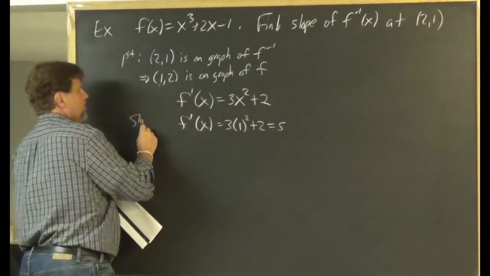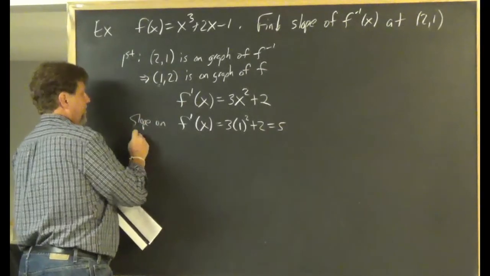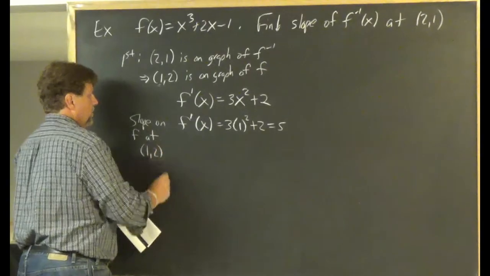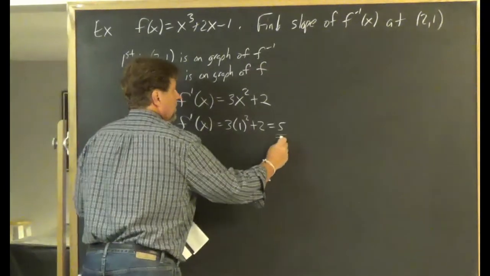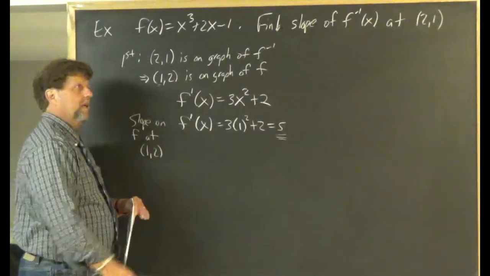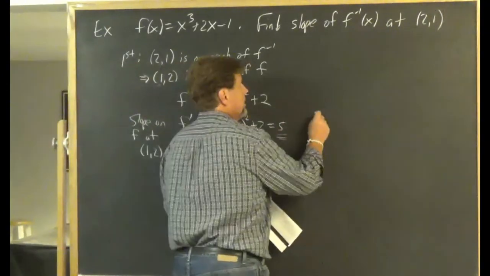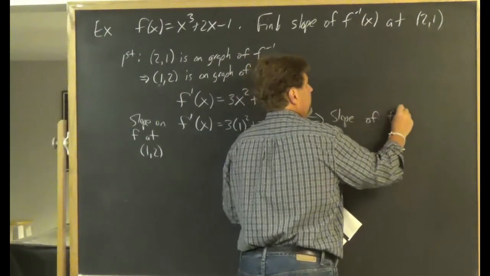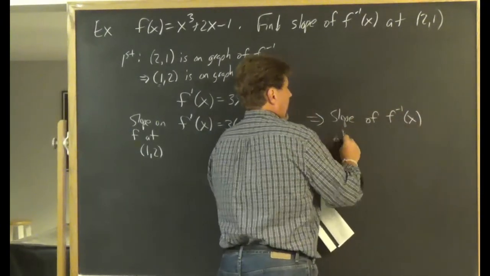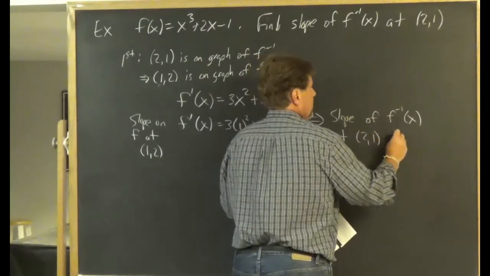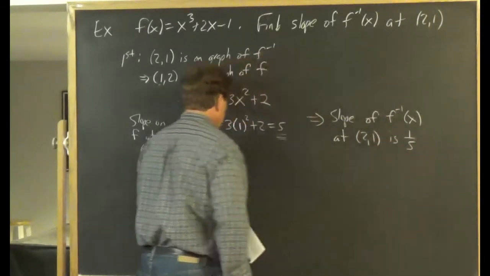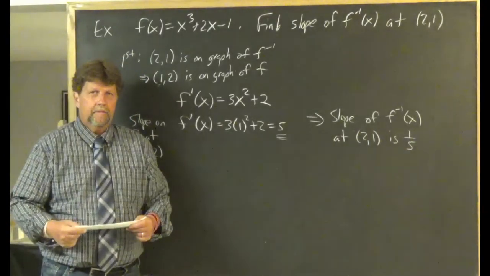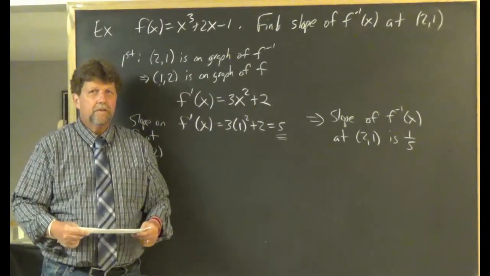So we know the slope on function f at the point (1, 2) is 5. That tells us the slope of the inverse function at (2, 1) is the reciprocal of 5, which is 1/5. And that's all there is to this one.